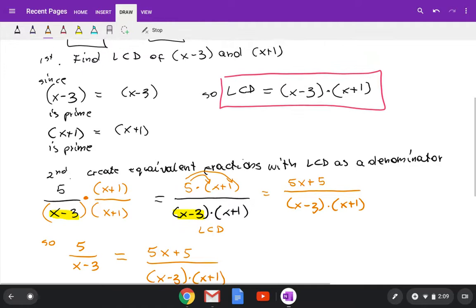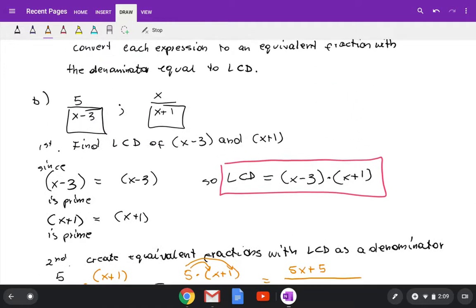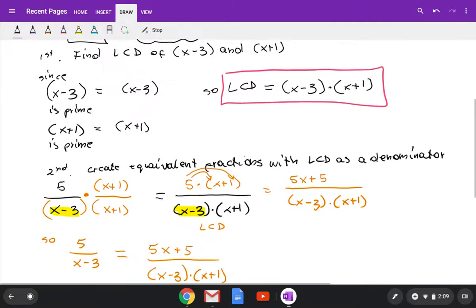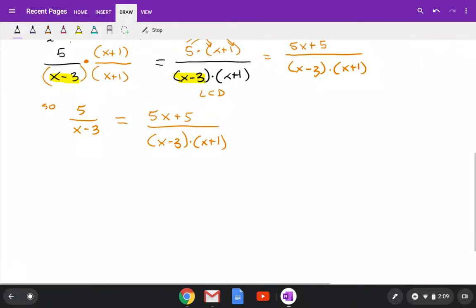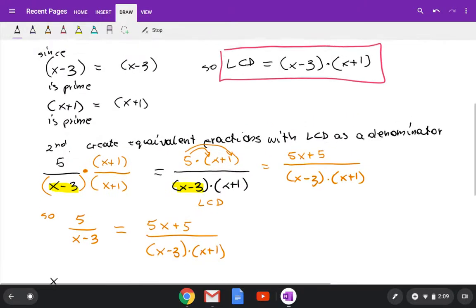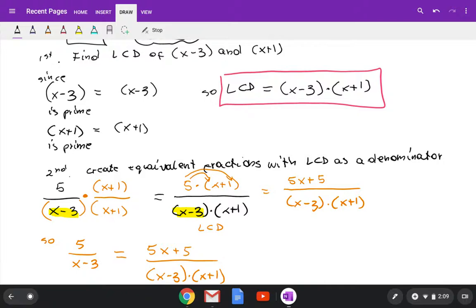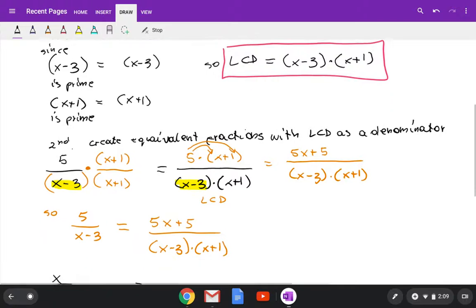Okay, now we're going to do the same thing with the second fraction. The second fraction is x over x plus 1. So we want to build an equivalent fraction where the denominator is the least common denominator, which is x minus 3 times x plus 1.